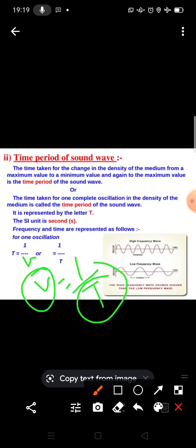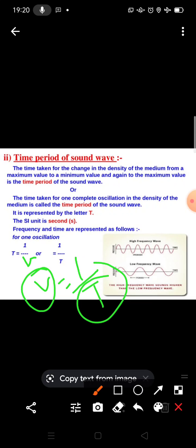Both sounds travel through the same medium, that is air, and arrive here at the same time, because sound travels at the same speed irrespective of the source. But one is the violin and one is the flute, so these are different sources, and the sounds we receive are different. This is due to a different characteristic, that is called pitch. Pitch is one of the characteristics.